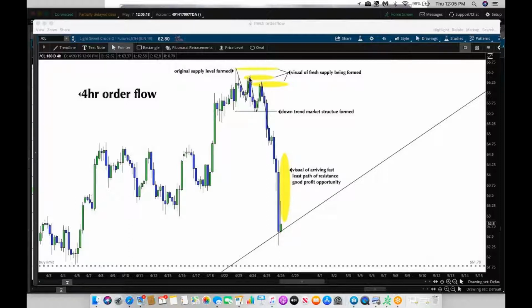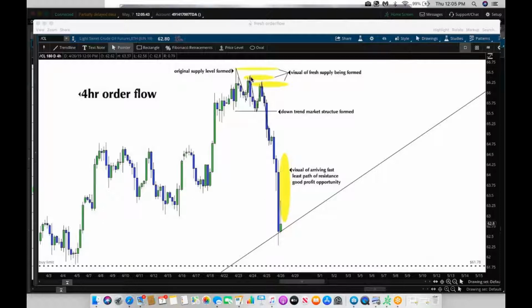Why am I saying that it's another level of fresh supply? Because this supply price level here is the origin of the decrease in price that actually took out opposing order flow here. And then it pulled back up to that same level, it retraced right back to it.